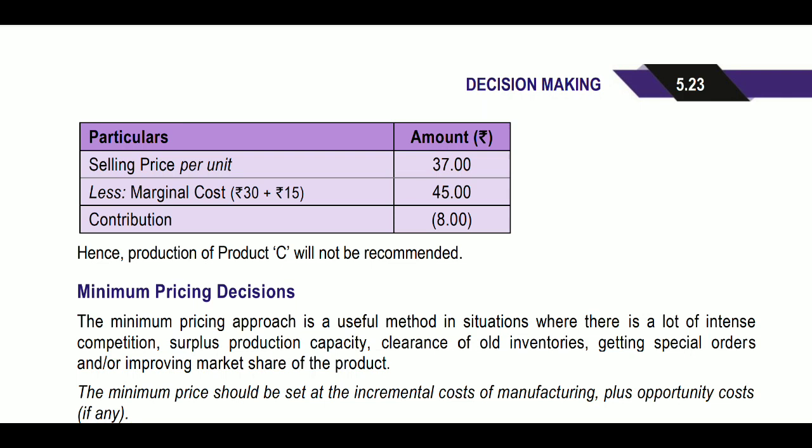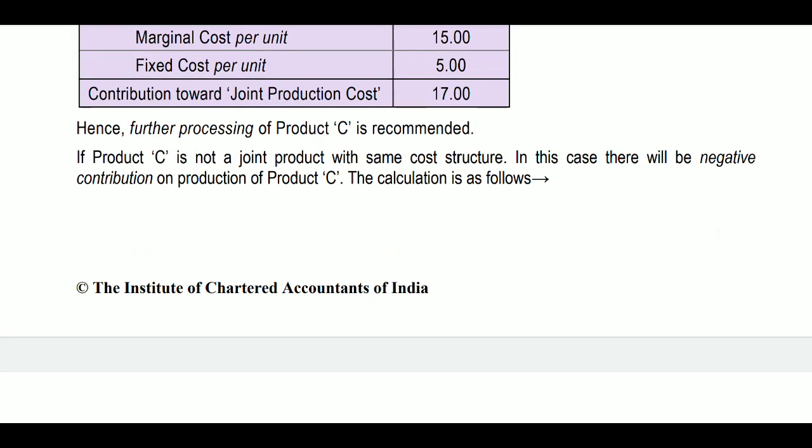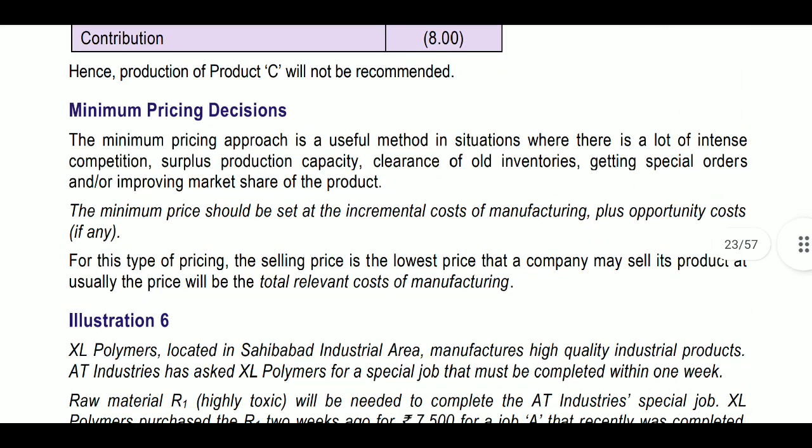So production of product C will not be recommended if it is not a joint product. If it is a joint product, it will come automatically from the processor, so it will be relevant for normal cases.